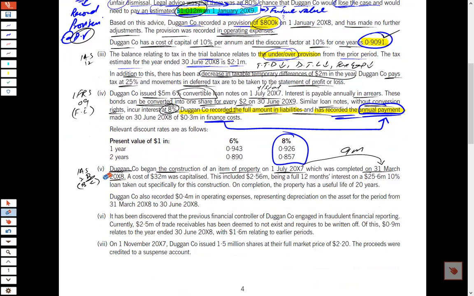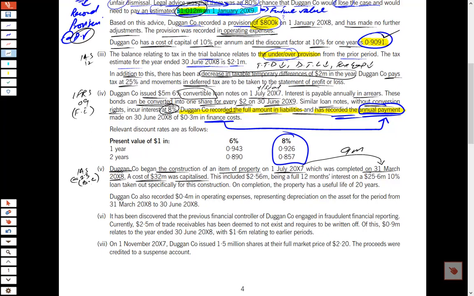So why have I chosen this question? Because there are multiple adjustments in this question, so we can recall many standards here. D company began the construction of an item of plant on 1st July, which was completed on 31st March 2008. A cost of 32 million was capitalized. By the way, IAS 23 guides us on the capitalization criteria for the borrowing cost. There are 3 steps.